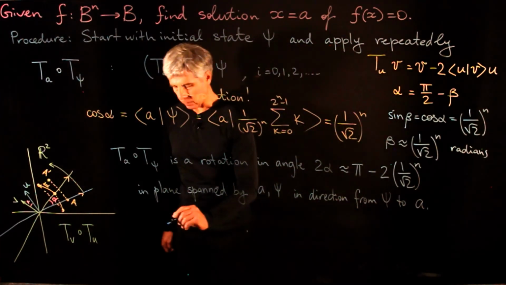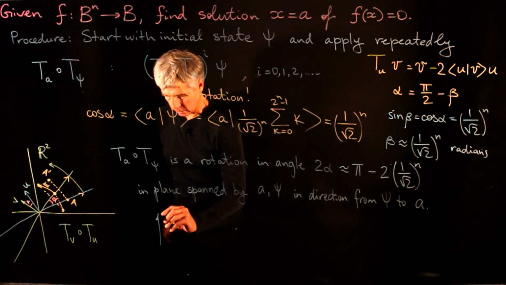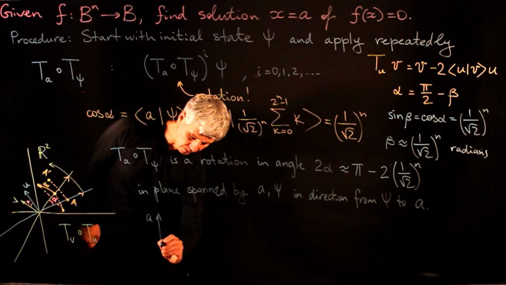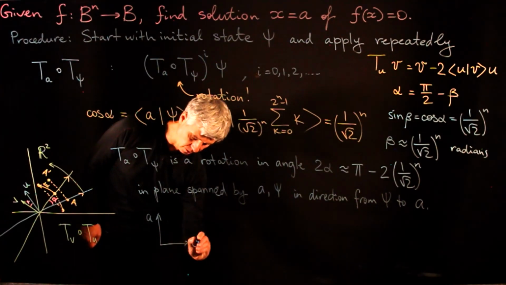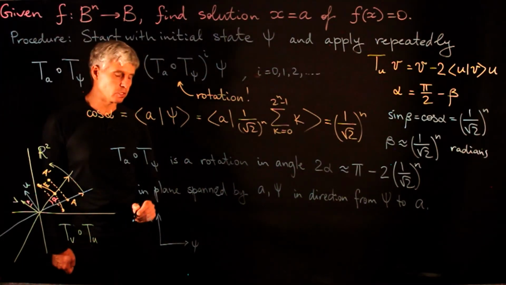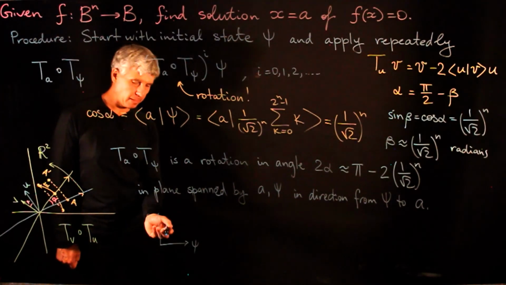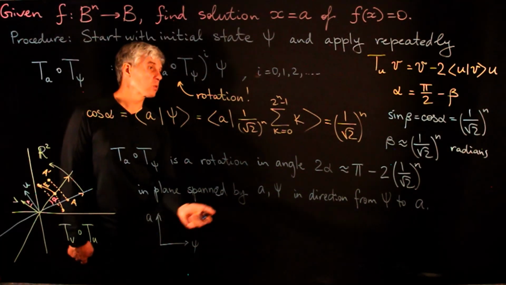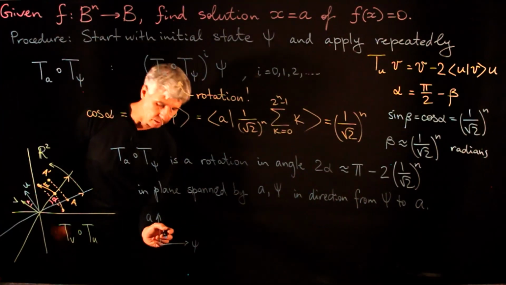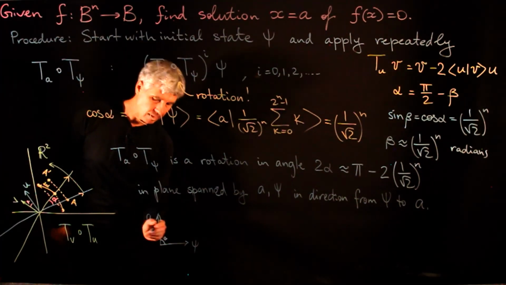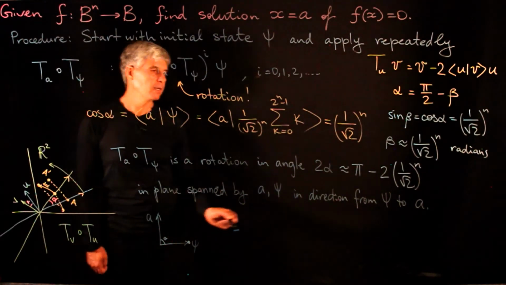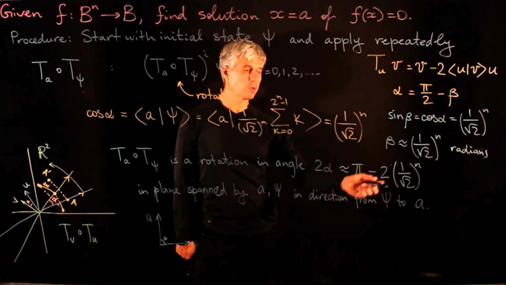Right, so now we have the following picture. We have a vector A, and we have a vector psi. The angle between these two vectors is very close to pi over 2, right? So this is the angle alpha between these two vectors. We start with our initial vector psi, and we apply these rotation operators.